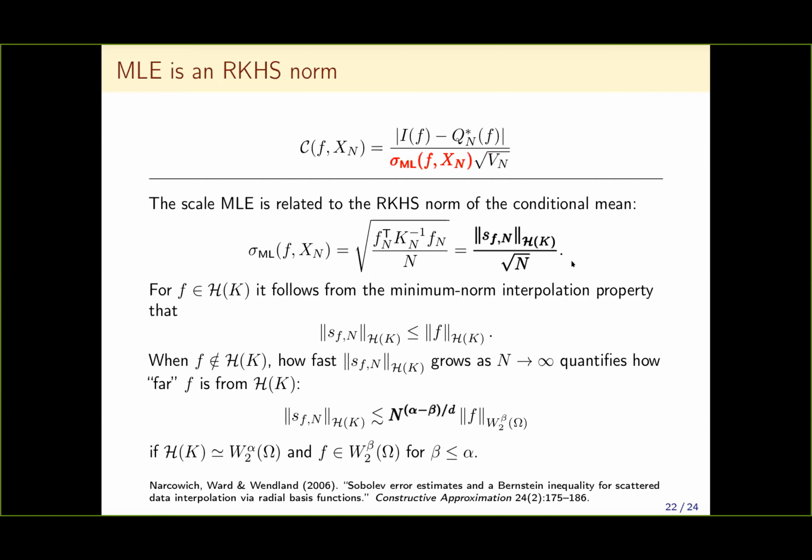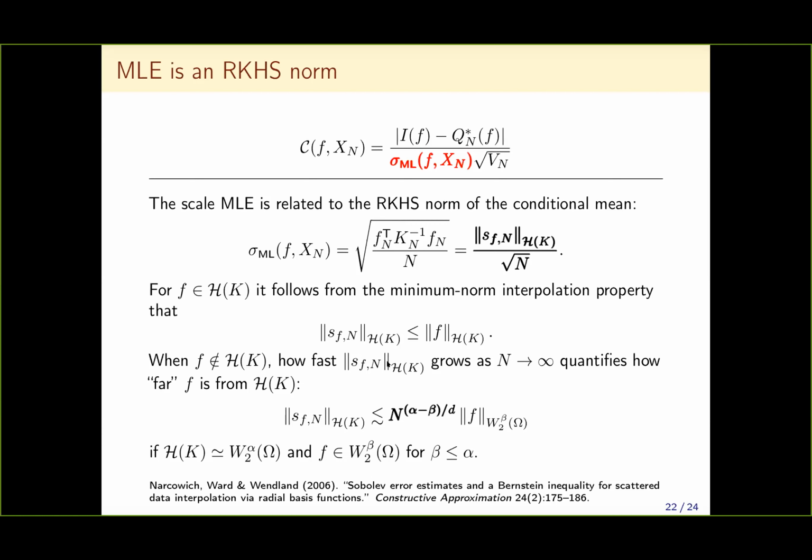And because earlier we had this result that the conditional mean is the minimum norm interpolant in the RKHS, we have a simple upper bound for this RKHS norm in the case that our function actually happens to be an element of the RKHS. If f is not an element of the RKHS, then its RKHS norm is, so to say, infinite.